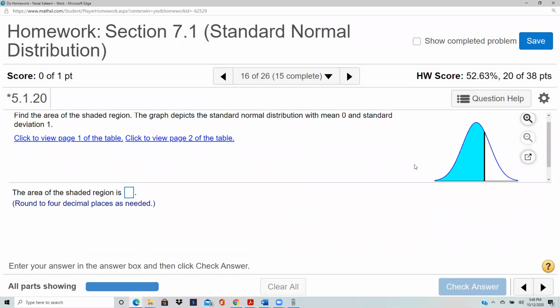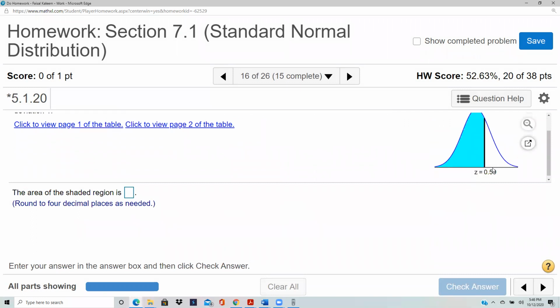Find the area of the shaded region. So Z equals 0.59. And now they want us to use tables, but it's much quicker to do StatCrunch.